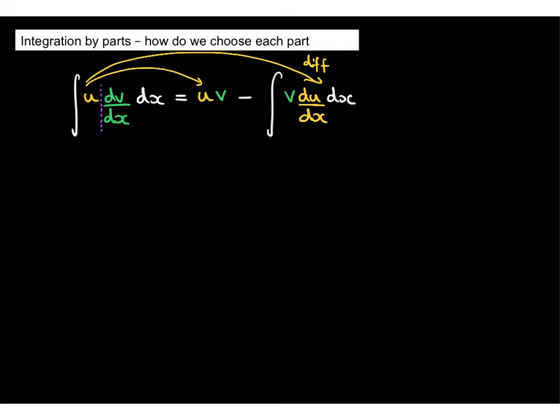The other part, dv by dx, is integrated here and here as v. So how do we choose, when we're integrating some kind of product, which part of the product gets differentiated and which part of the product gets integrated? Ideally, our aim is to make this part of the integral simpler than the original integral.